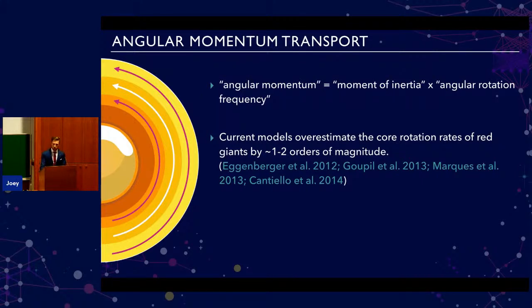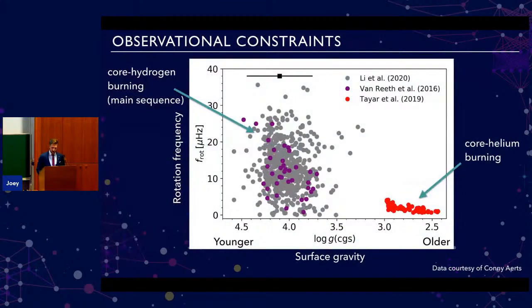And so our current models overestimate the core rotation rates that we measure in red giants by about 1 to 2 orders of magnitude. If we look at the observational constraints, what I'm showing you here is the measured rotation rate for, on the left, the core hydrogen burning stars, so the stars on the main sequence, and then on the right, the core helium burning stars, so the older ones.